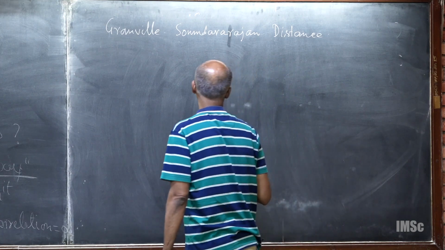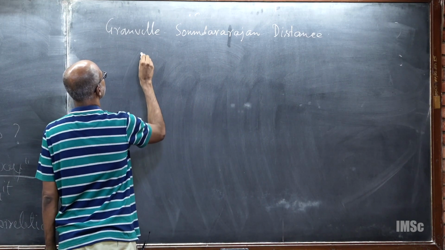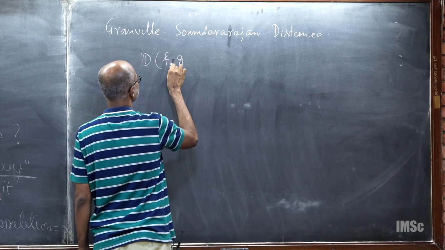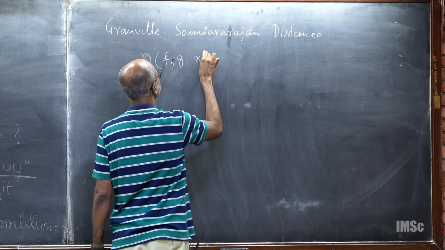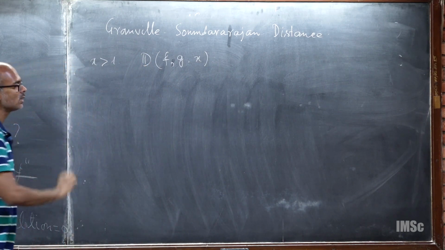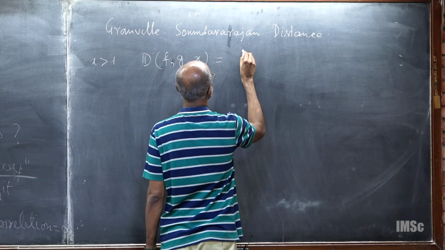So between two multiplicative functions, this is defined as d of f and g, where f and g are multiplicative functions, and x is some quantity, usually large. This is defined by the summation.